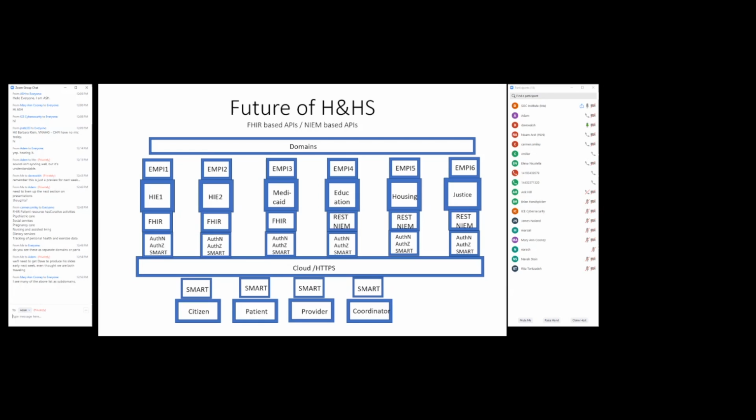So we may not call it SMART, but it will be these different authentication authorization mechanisms to be able to get to that data. And it needs to be the same so that each of these people who are trying to access that information are following the same rules to get to that data.